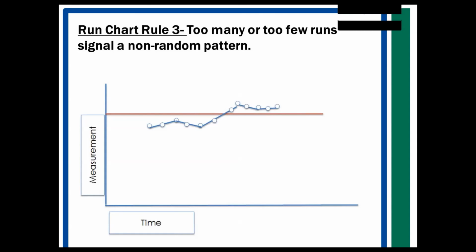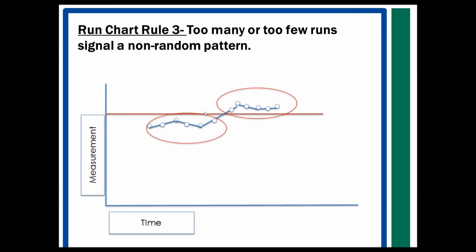Run chart rule number 3, too many or too few runs, which signals a non-random pattern. So a run is the data points that consecutively lie on one side of the median. So in this example, there are 2 runs, and they can be identified as a run on the left-hand 6 data points and on the right 6 data points.